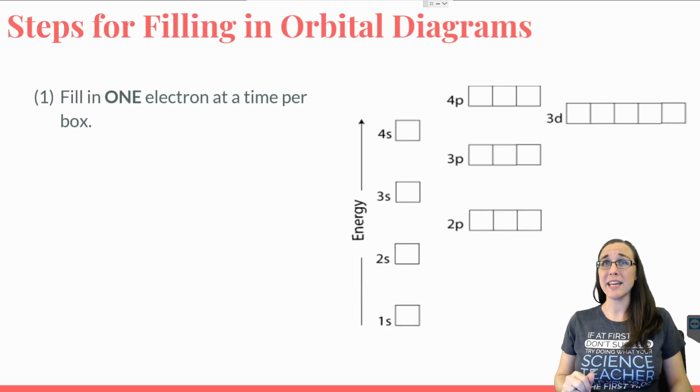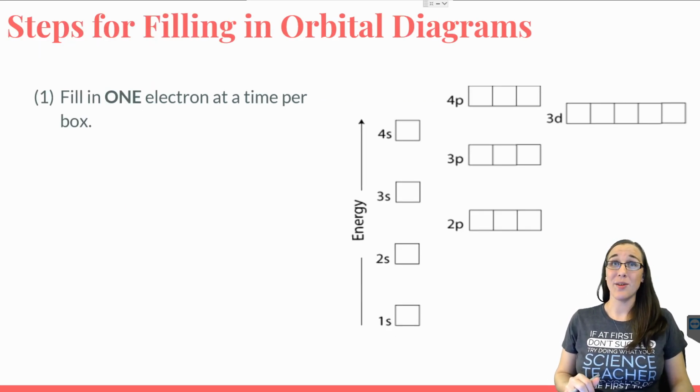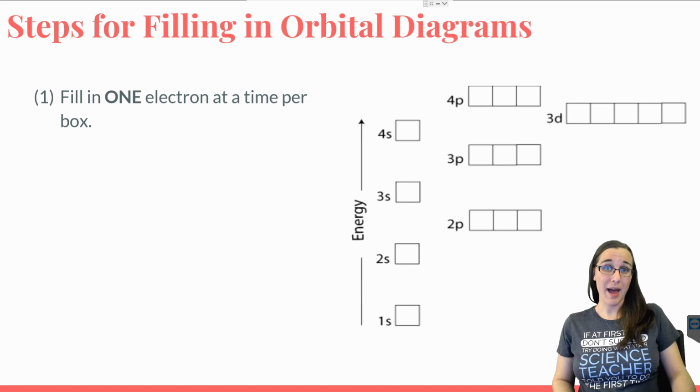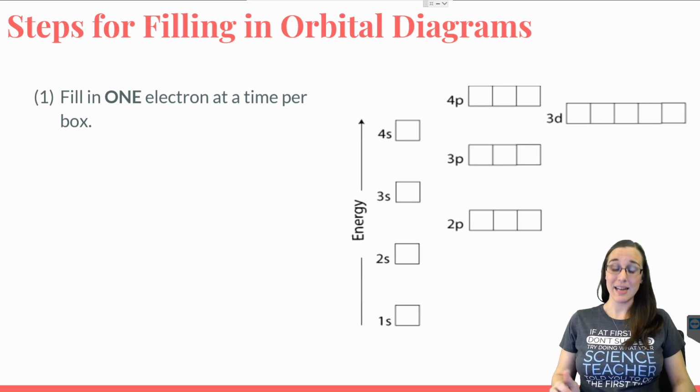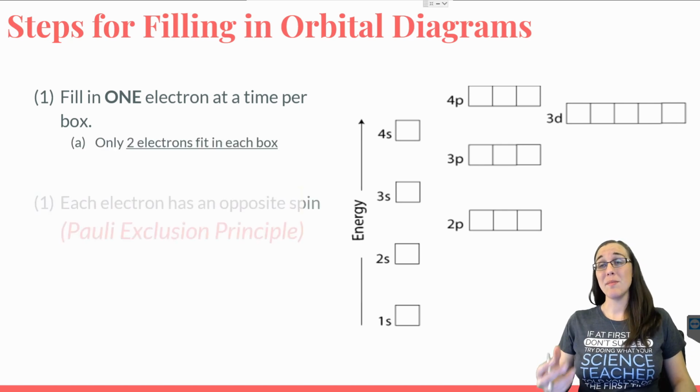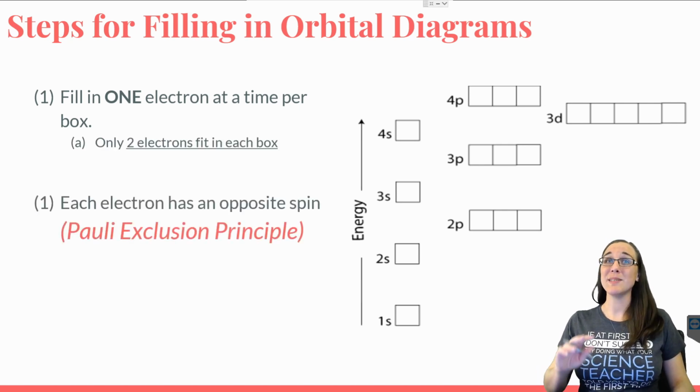So some steps you need in order to fill an orbital diagram. You need to fill 1 electron at a time per box. Then go back and pair them up. In each box, you can only fit a max of 2 electrons. And remember that each electron has an opposite spin.